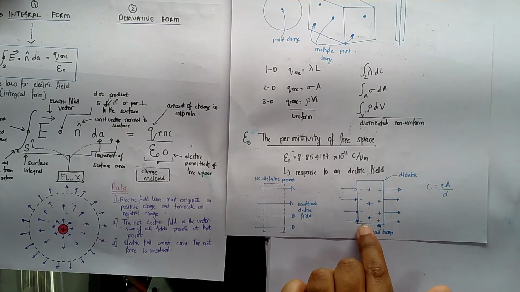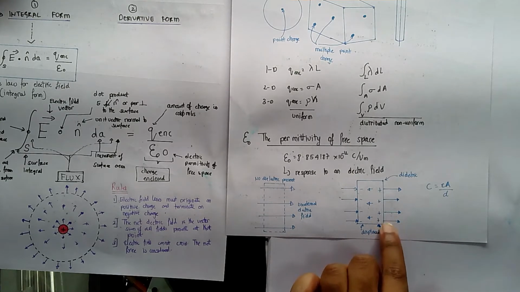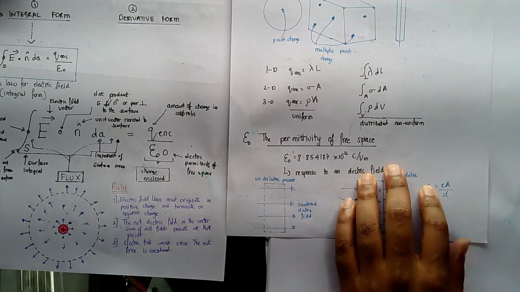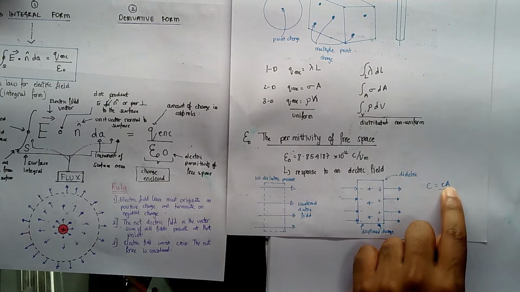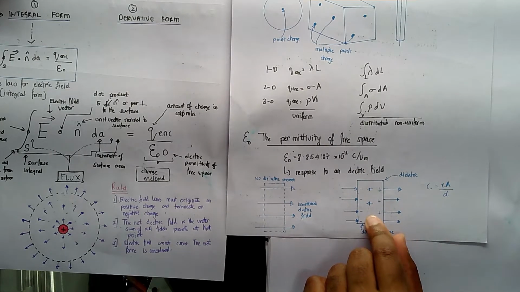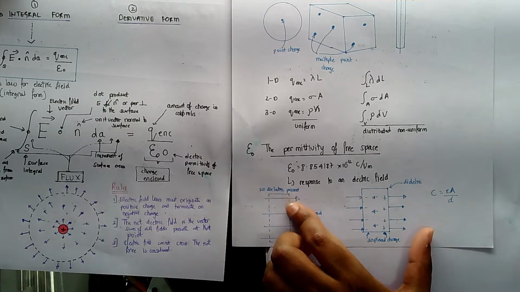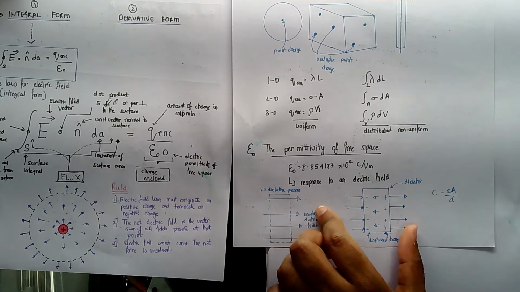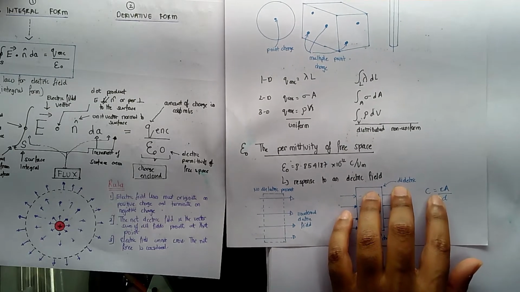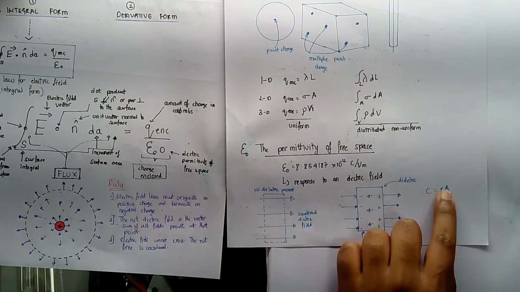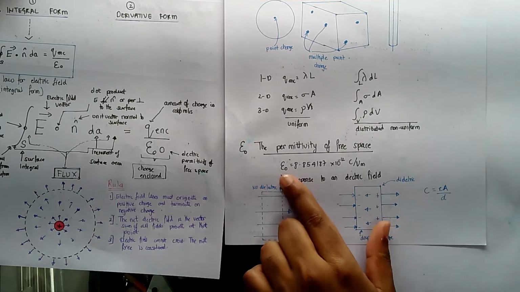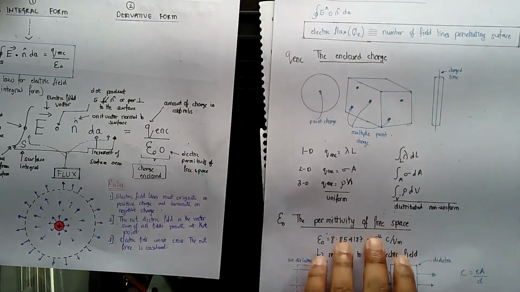And this is how a capacitor works basically. So the capacitance is basically the area between the capacitor plates divided by the distance. The further the distance, the less the capacitance. It's inversely proportional to the distance. And epsilon over here is the dielectric constant, or the permittivity of free space.